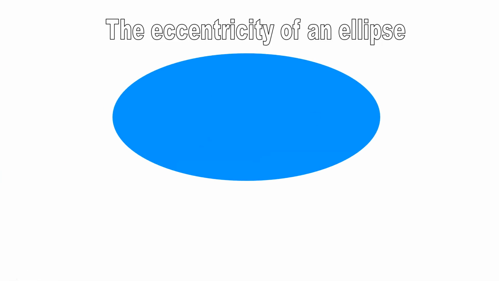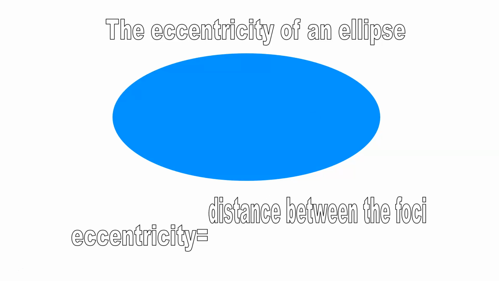Now, if we look at the eccentricity of an ellipse, all right, what we have is we're going to mathematically define our ellipse. So our ellipse has the distance between the foci, and so you have these two foci, and we're going to measure the distance between them, and you can measure this in miles, kilometers, centimeters, meters, whatever, because what happens is those units cancel out.